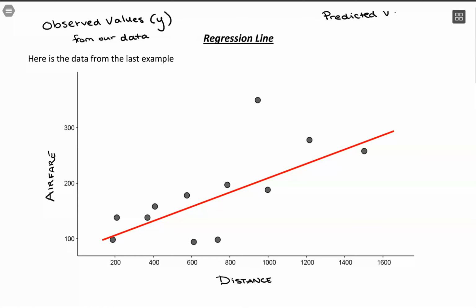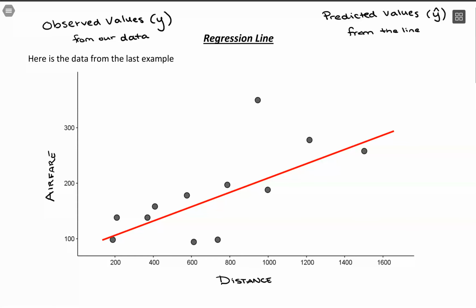And these predicted values or predicted airfares, they relate to Y in terms of airfare. It's just we're going to save that symbol Y specifically for values from our data set. But for predicted values, what we're going to use is Y hat. We're going to put a little hat on top just to show that it's coming from the line.